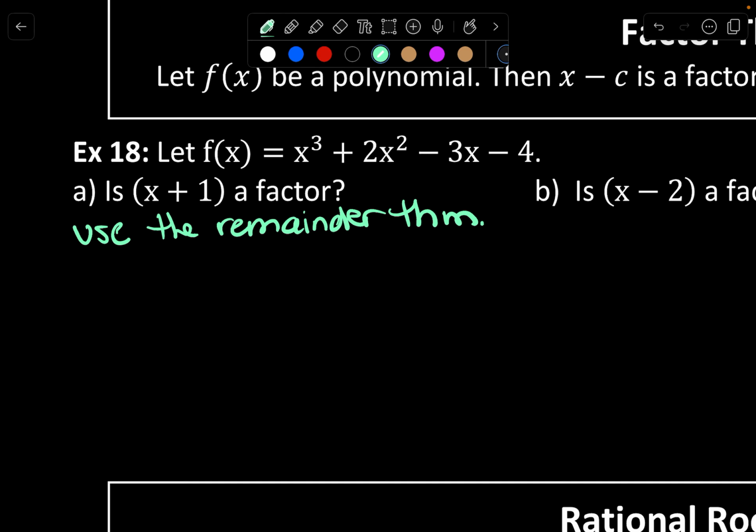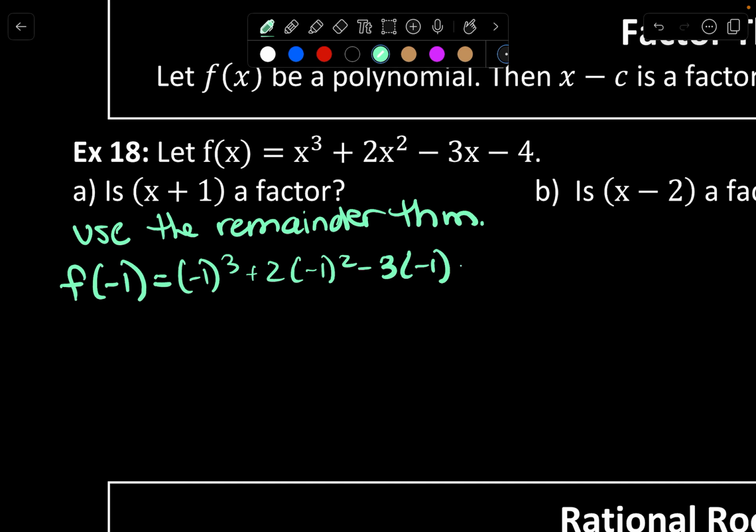So the solution for this factor is negative 1. So I'm going to plug in negative 1. We have negative 1 cubed plus 2 times negative 1 squared minus 3 times negative 1 minus 4. We end up with, I believe, 0. Okay, so our output is 0, which means that is also our remainder.